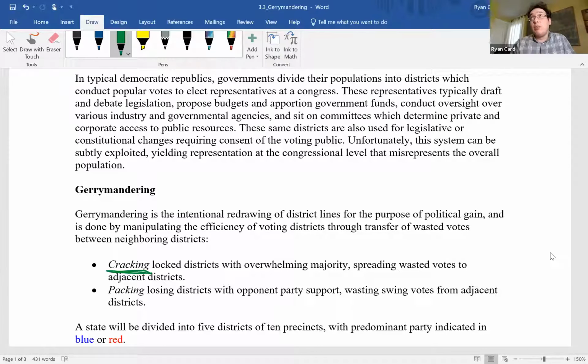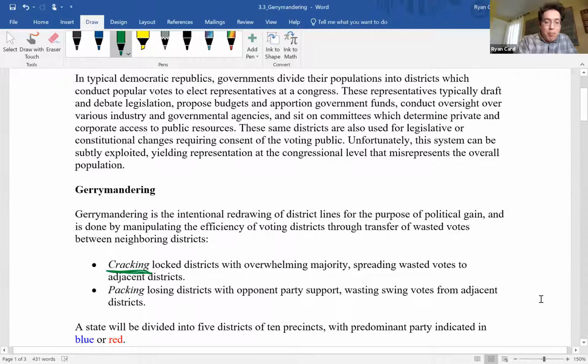So if you had 95% of the votes, that's over 40% of the votes that are wasted. Maybe you lose that district, but you win in other districts because you've eaten up a lot of voters for that one party. That's called packing.